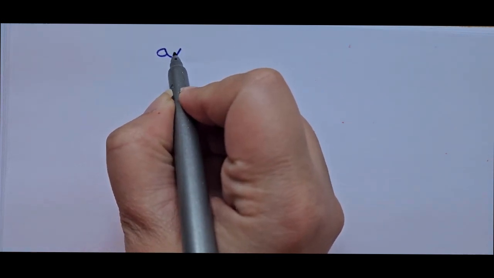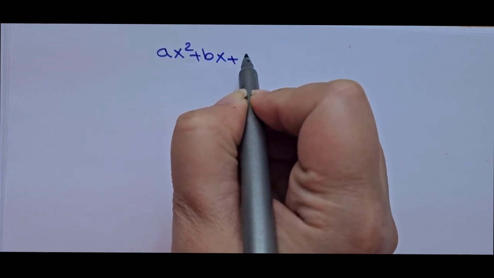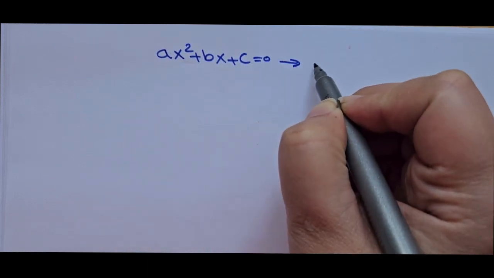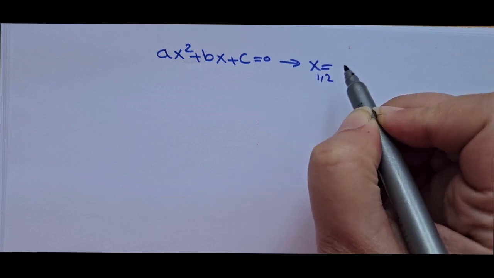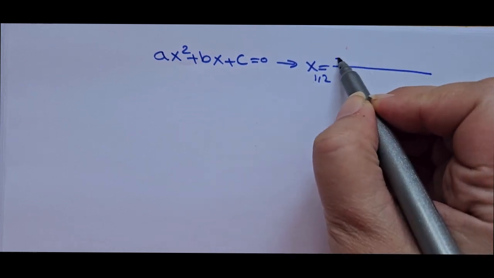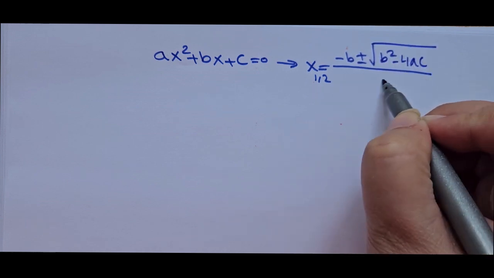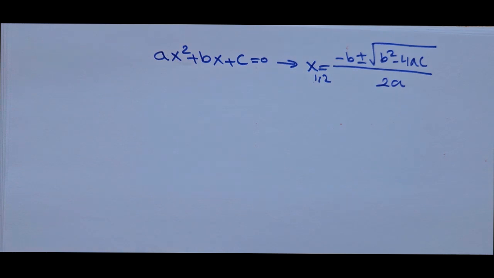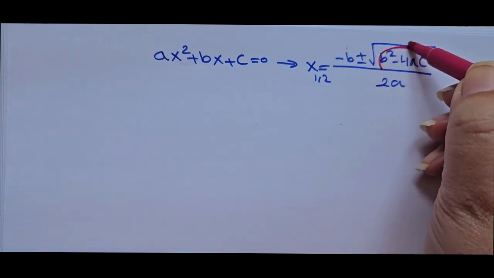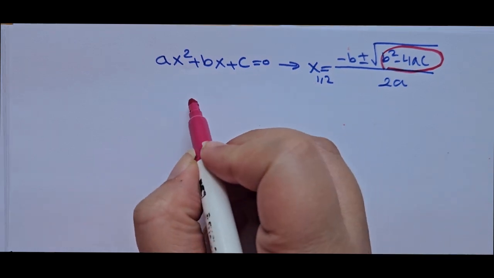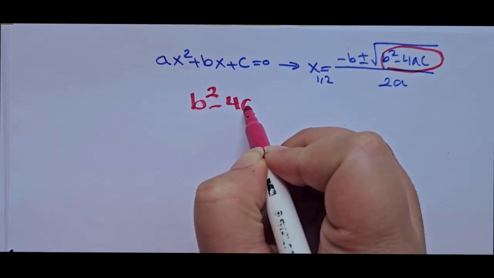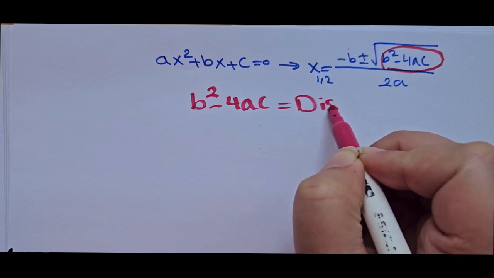So remember, guys, when we said this is a quadratic equation, ax squared plus bx plus c is equal to 0, and we had this formula to find the two roots. We got it from this value, b squared minus 4ac, over 2a. So here, under the square root, this thing, b squared minus 4ac, is called the discriminant, right?